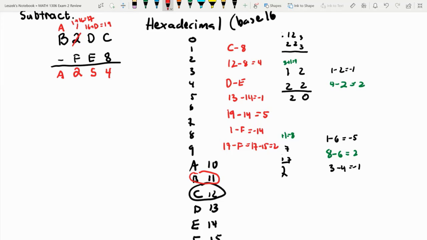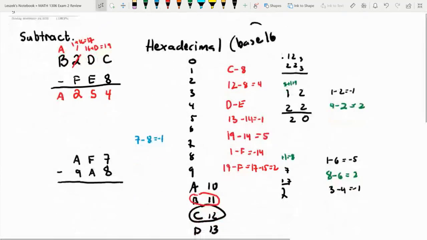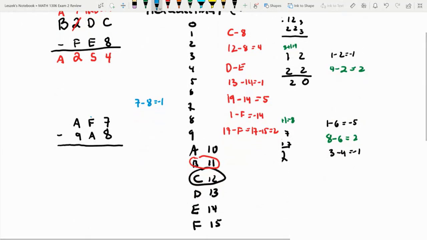You want to try one on your own? So let's do, okay. Again, these are hexadecimal. All right, so first column, 7 minus 8 is a negative number. So this means we in fact can't subtract. We need to borrow from the next column. The next column we have an F, sorry.